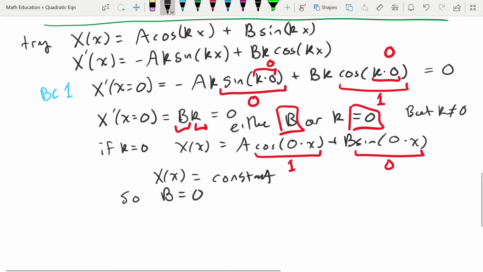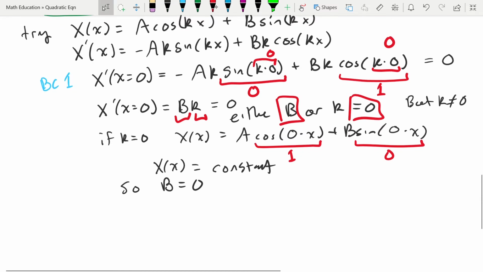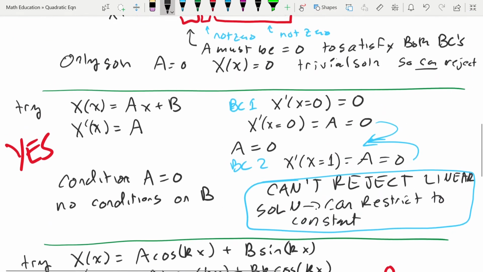So keep in mind that the b was the sine terms here. So now we can restate x prime of x for BC2. So we're interested in x prime of x at x is equal to 1. Let's just double check our boundary conditions here.